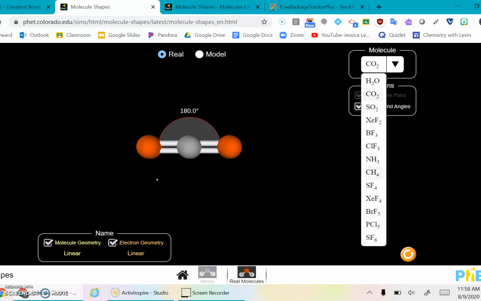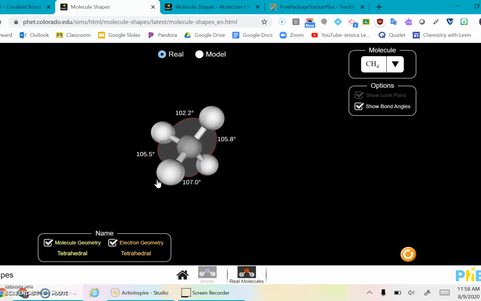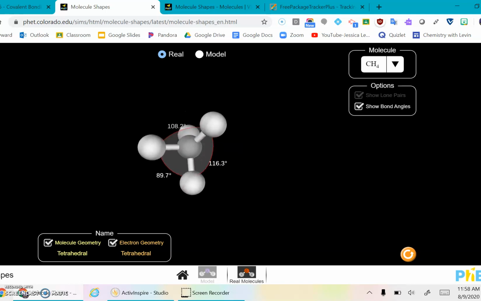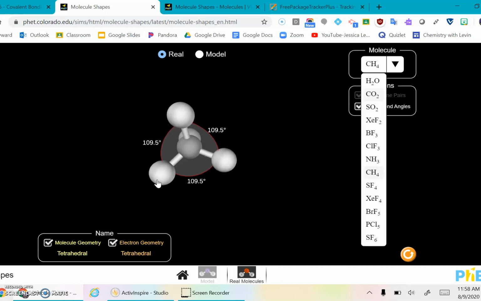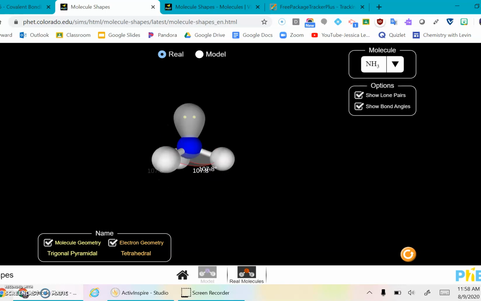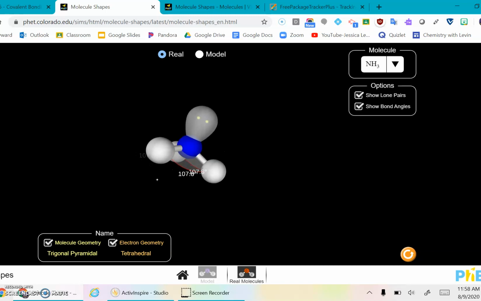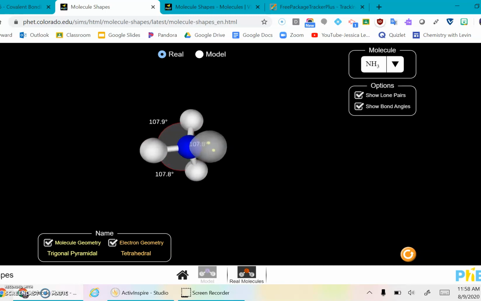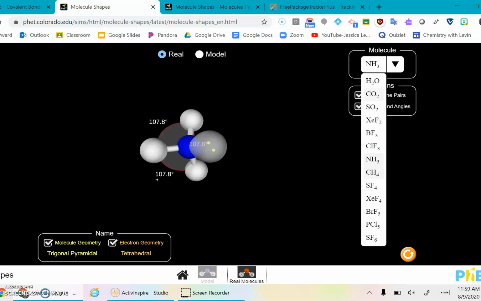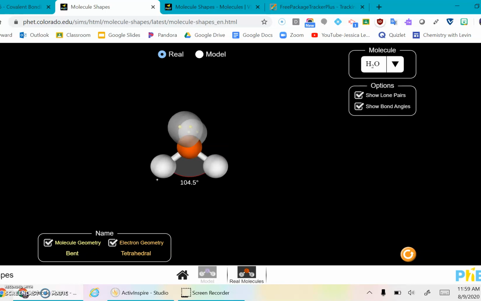You can see your methane, your CH4, and you can see how we are at 109.5 degrees. You can have NH3, which is your 107.8 degrees with your trigonal pyramid. And then we have the bent shape with our water. So that is the intro to VSEPR geometries.